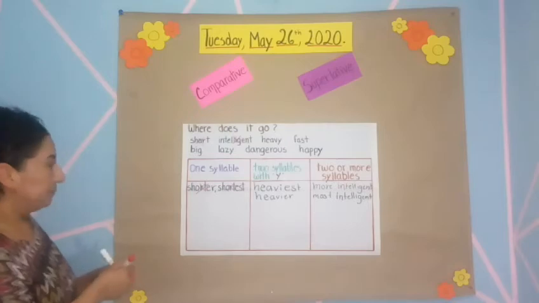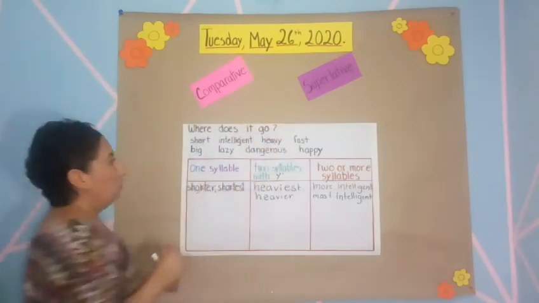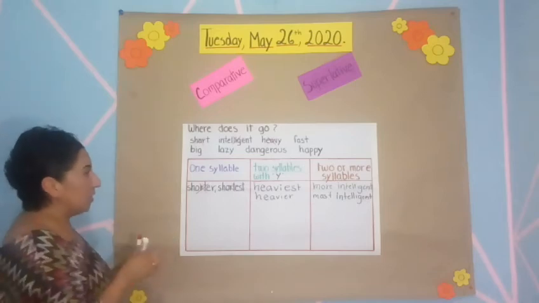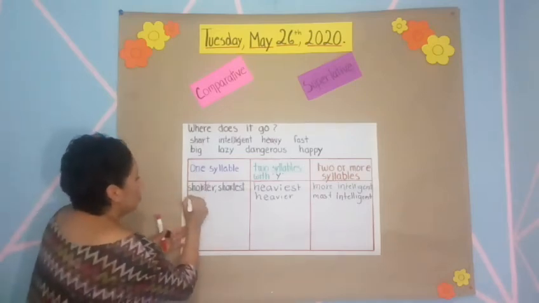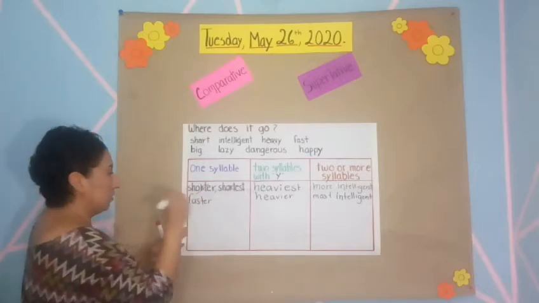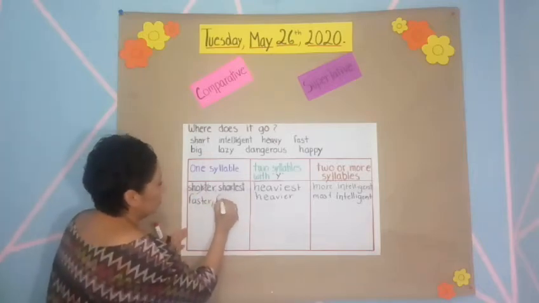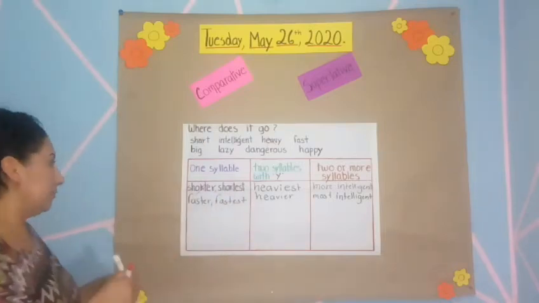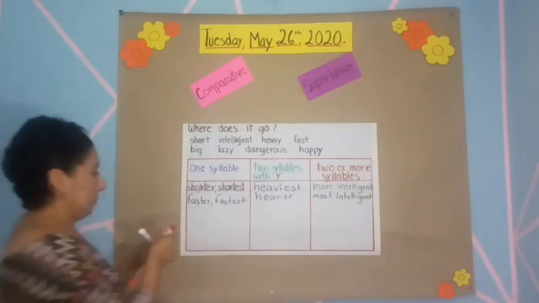Okay? Now, we have fast. It is an adjective that has one syllable. In this case, fast changes to faster, and in the superlative form it changes to fastest. Okay? Because it's an adjective that has only one syllable.